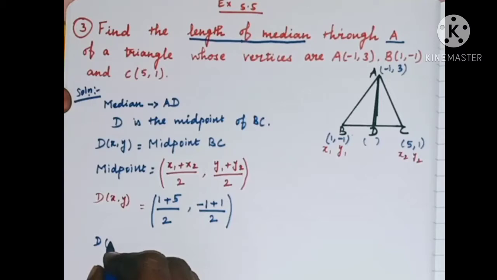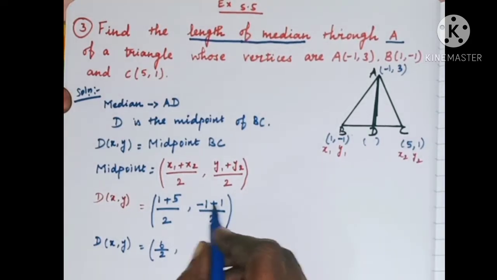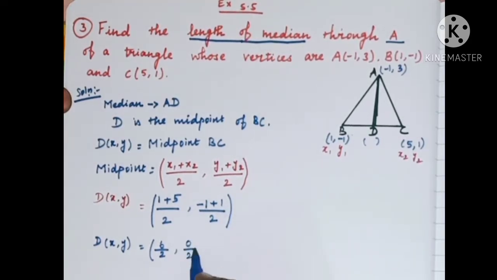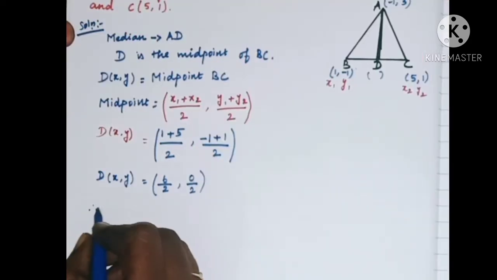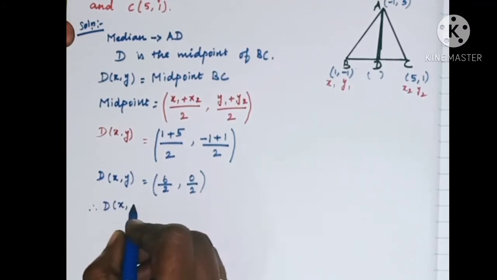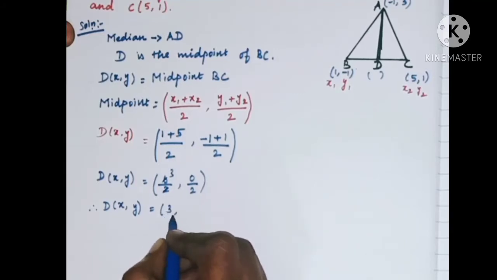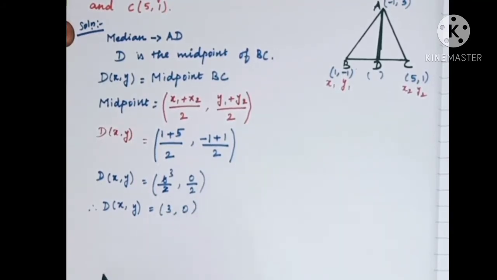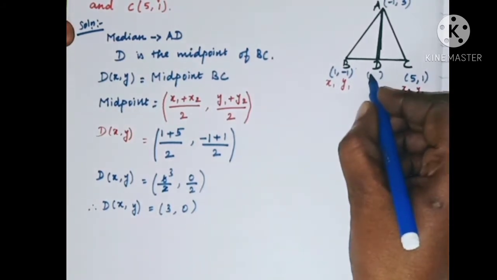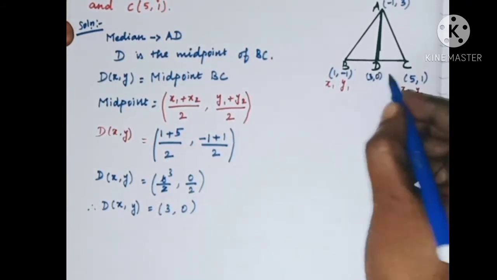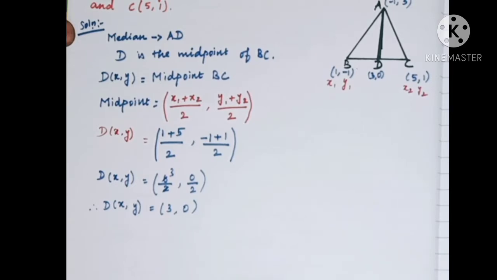Now D of x, y is 1 plus 5 is 6 divided by 2, and minus 1 plus 1 is 0 divided by 2. Therefore, the coordinates of D: 6 by 2 is 3, comma 0 by anything is 0. So now we found the coordinates of D as 3, 0.